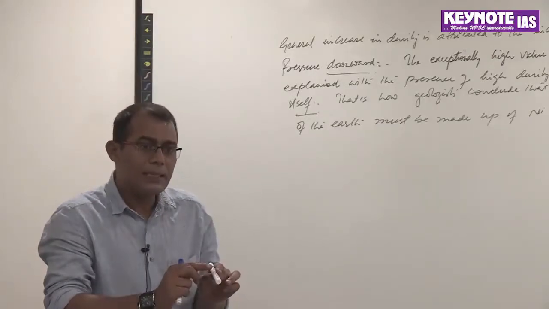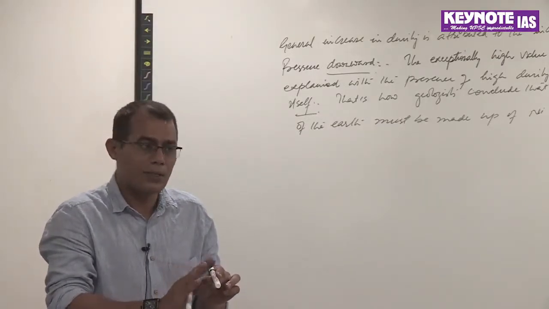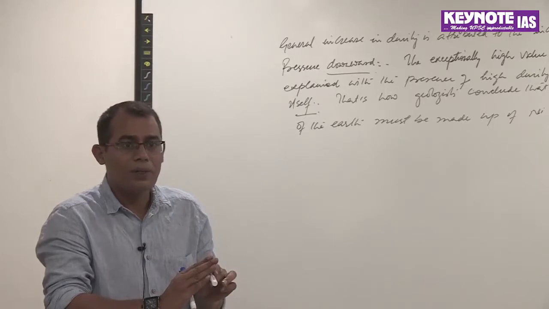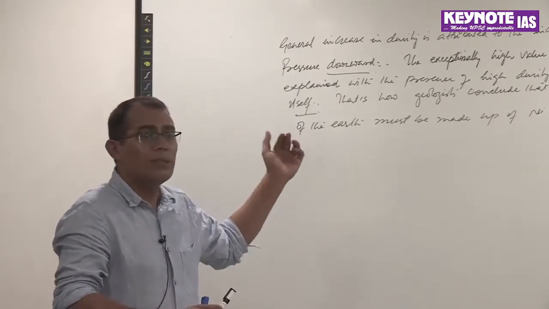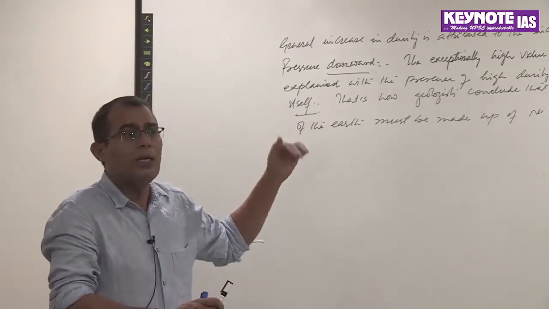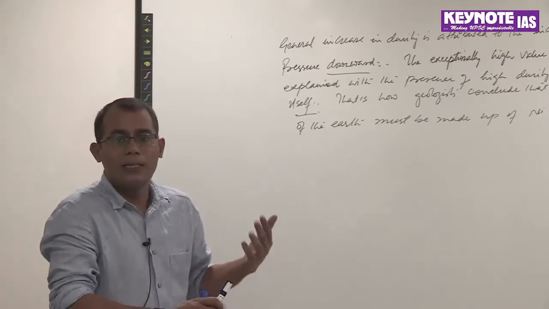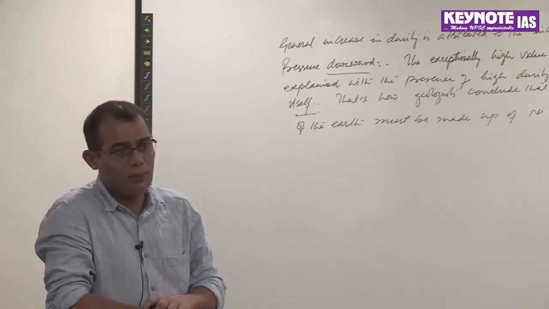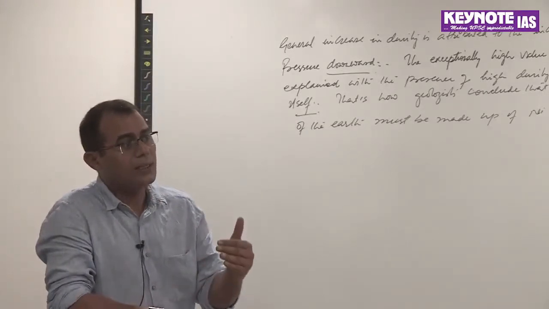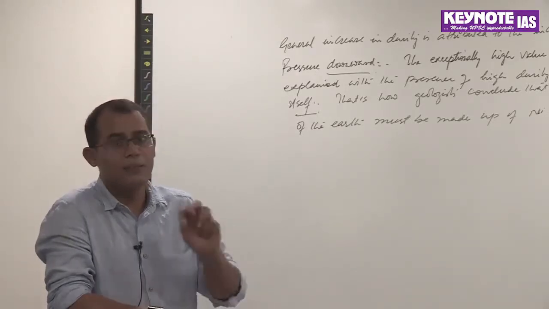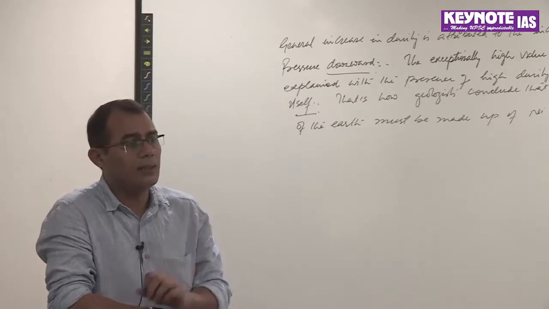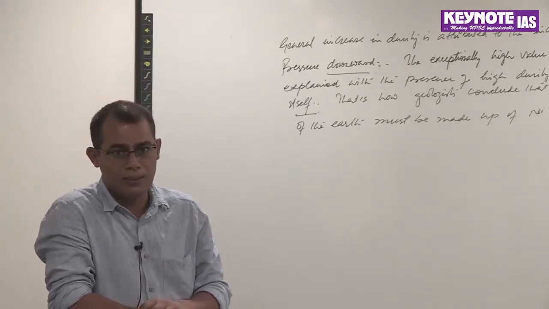So density increases with pressure, that is true, but after a point of time pressure cannot increase density, and the very high density found in the core of 17 magnitude cannot be related with the overlying pressure. Hence scientists conclude that the area must be made up of high density minerals itself, may have a higher concentration of heavy metallic minerals.